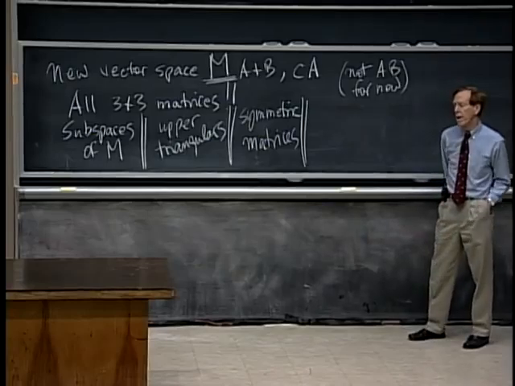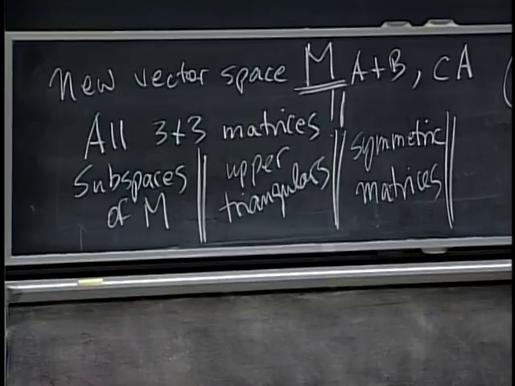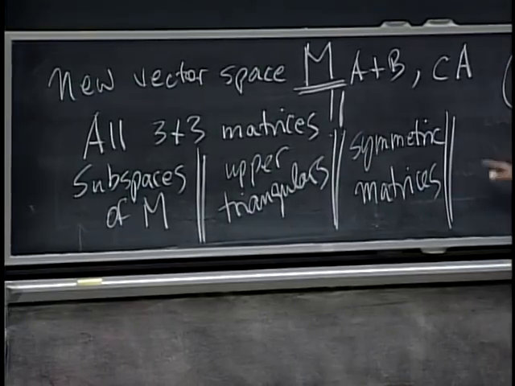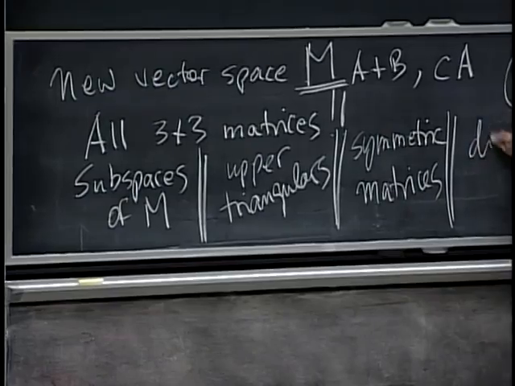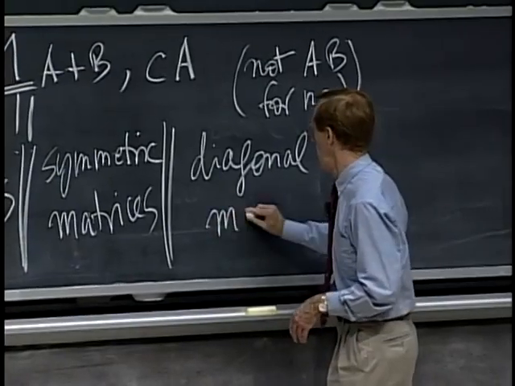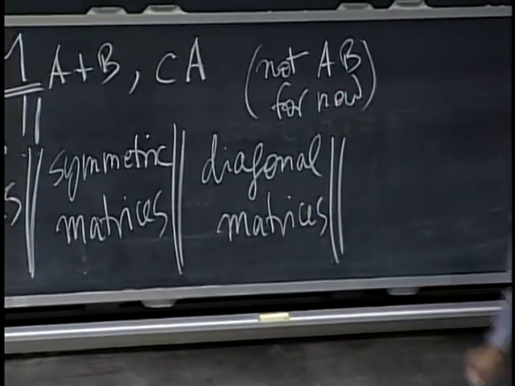What do they look like? Well, if they're symmetric, but they have zeros below the diagonal, they better have zeros above the diagonal. So the intersection would be diagonal matrices. That's another subspace, smaller than those.